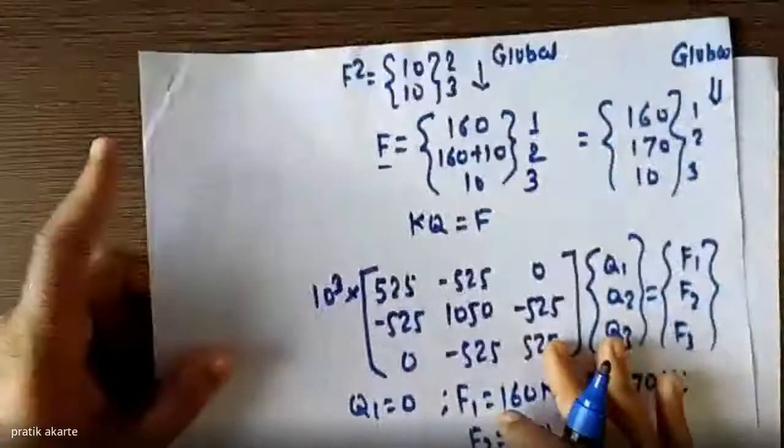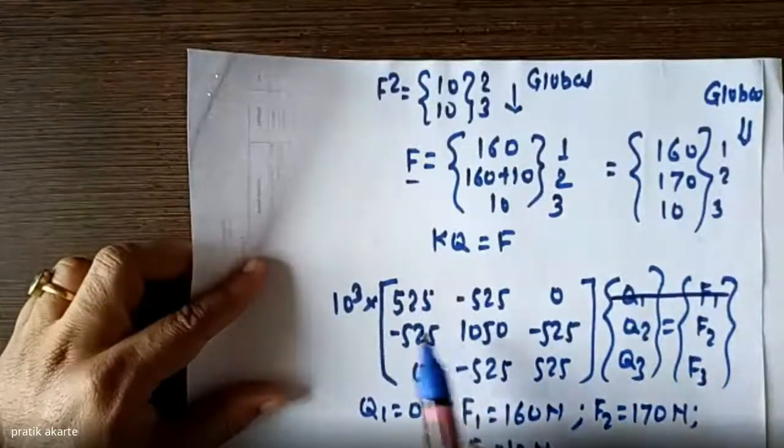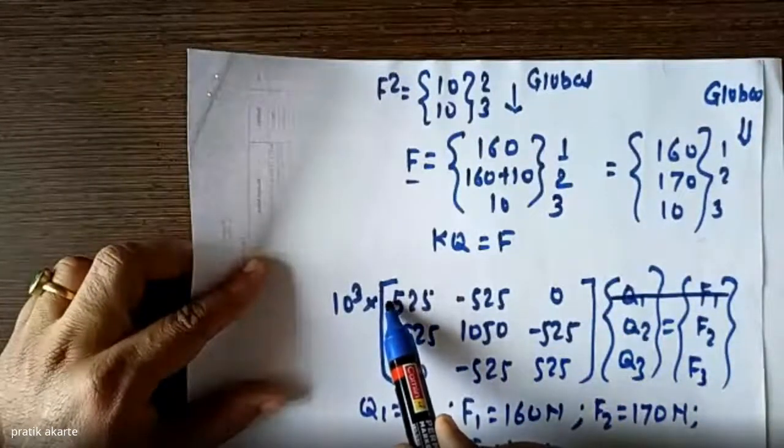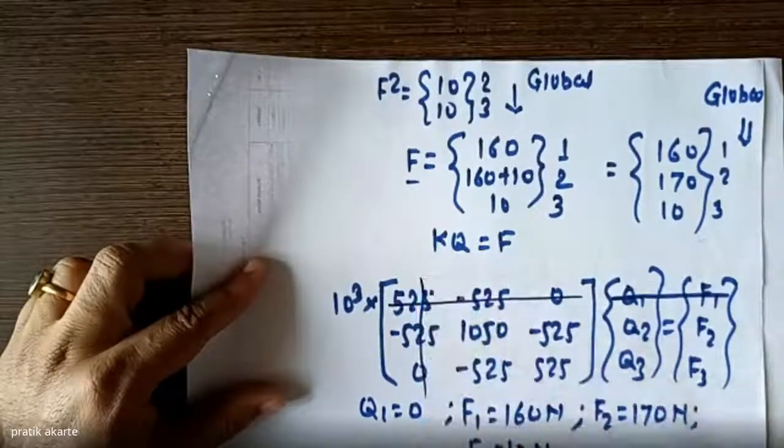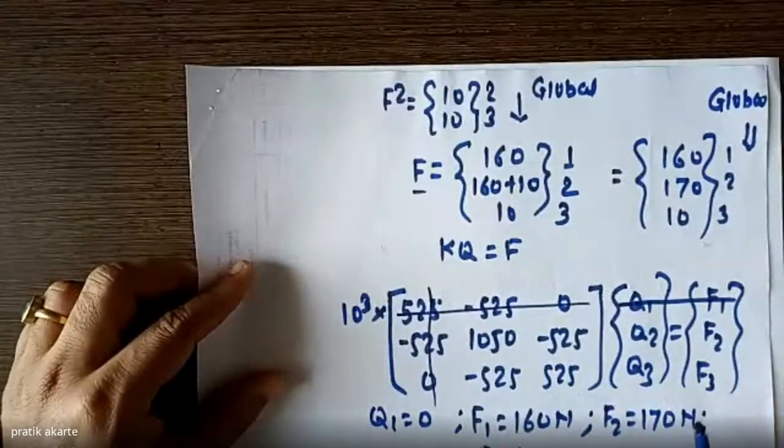We can apply the boundary condition. Since Q1 is fixed, we can cancel out the first row and first column. So we are having two equations and two unknowns, Q2 and Q3; F2, F3 we know the values.